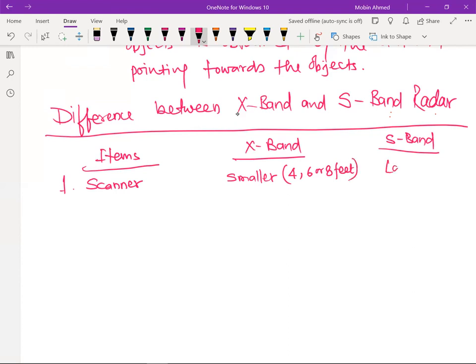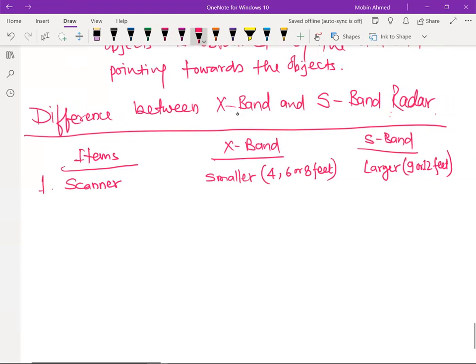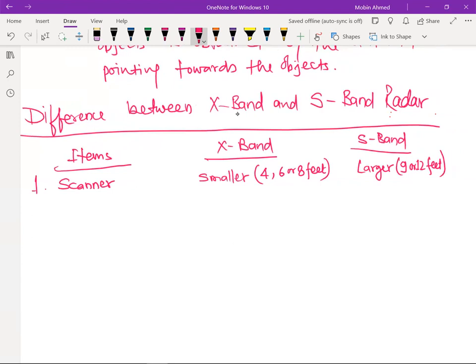S band is going to be larger. How much? 9 or 12 feet. Now, this all depends upon the frequency.